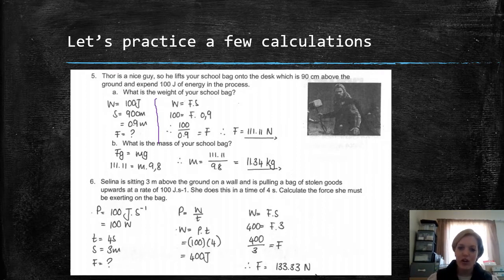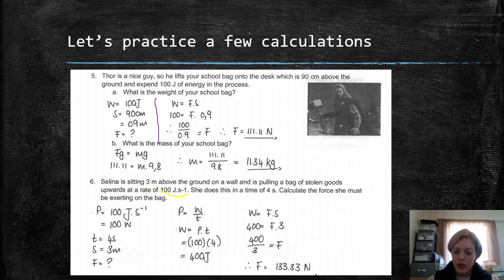So I want you to highlight that section there where it says 100 joules per second. This is a very tricky one because they're actually giving you the answer. Joules per second is power. That's what it is. Energy per time. She does this in the time of 4 seconds. Calculate the force she must be exerting on the bag.